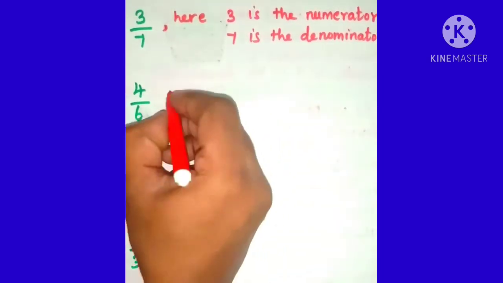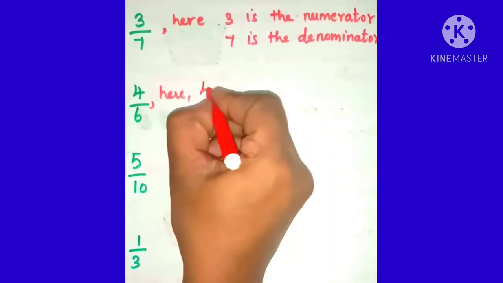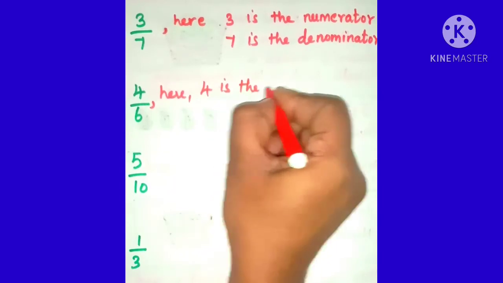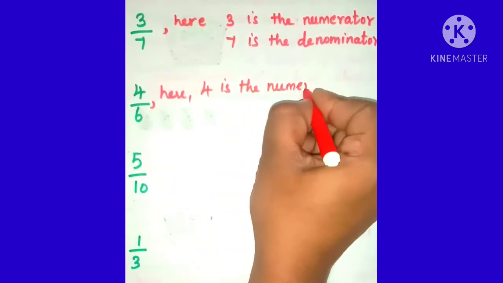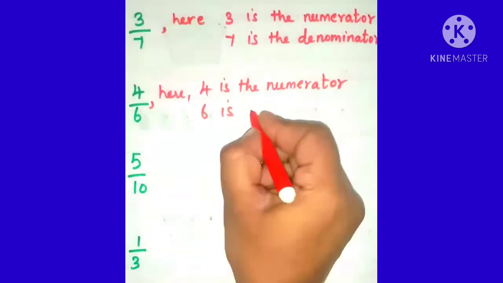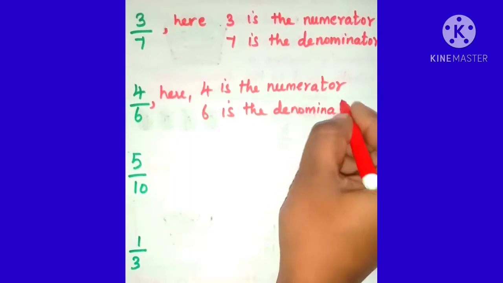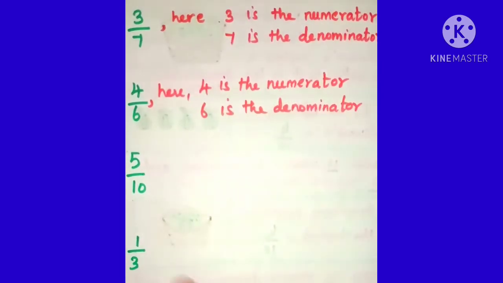Now, here 4 is the numerator. 6 is the denominator. And here see the fraction 5 by 10.